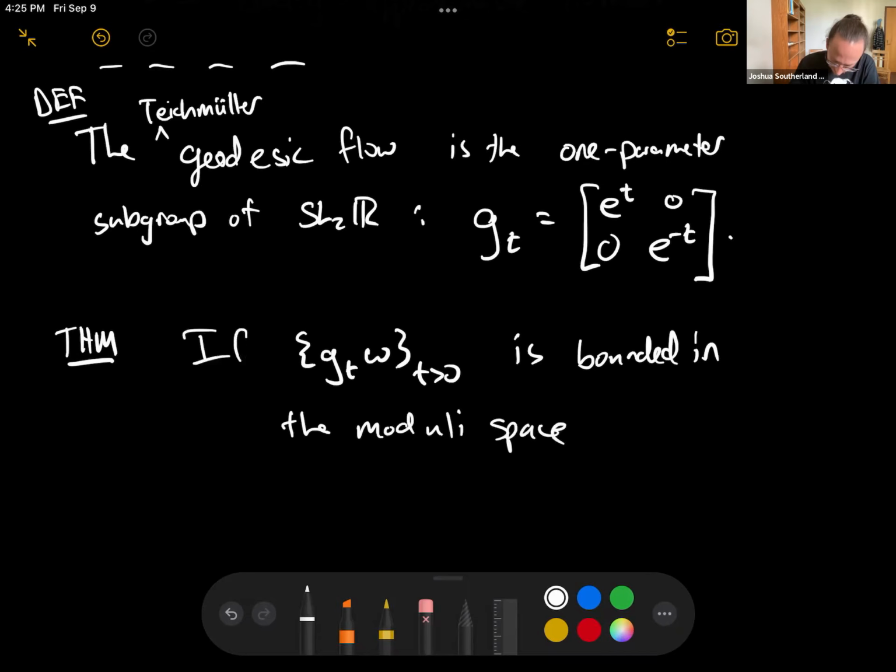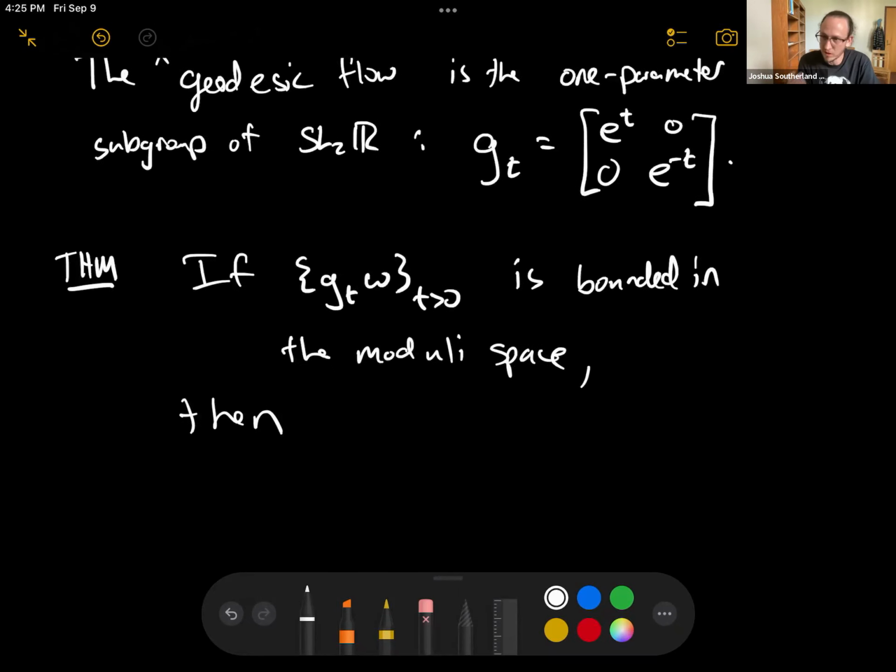So if this is true, then we have some property of the moduli space that seems to be controlling something down on individual surfaces. Then the linear flow on omega is super dense.